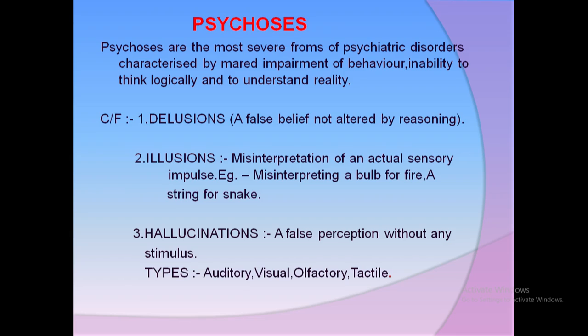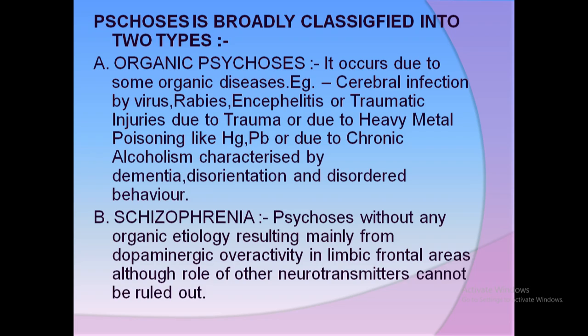Patient smells something even in absence of any smell. And patient feels some worms are moving on their legs even though there is no worms or any tactile stimulus. Psychosis is broadly classified into two types.